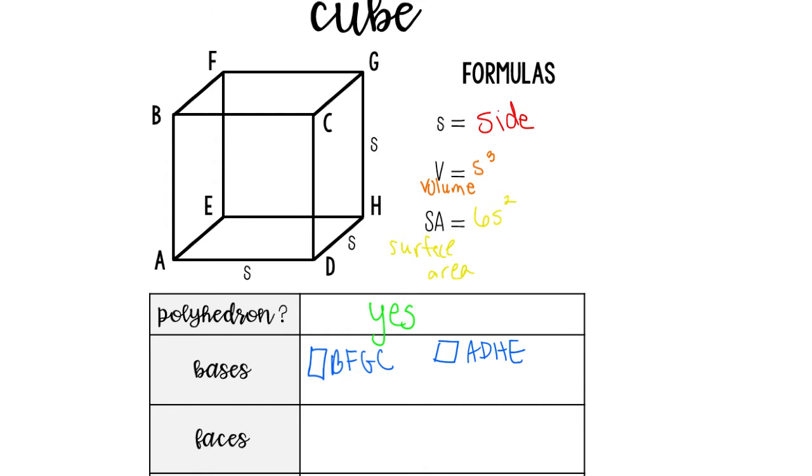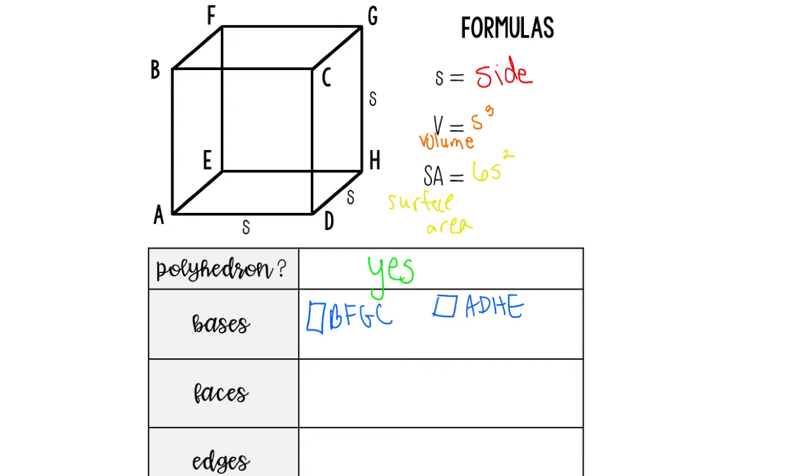Faces. So the bases are the top and the bottom. Faces are along the outside of the cube. So let's look at what some of those are. We'll have 4.